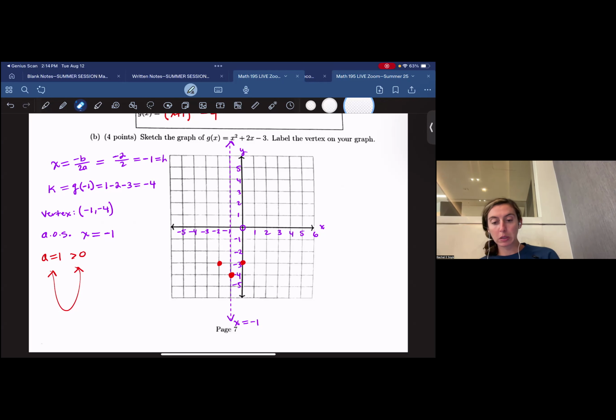Do we do anything else? Yeah, why don't we plot our x-intercepts? So we can factor this quadratic into x plus 3, x minus 1, which gives our x-intercepts at negative 3 and positive 1.